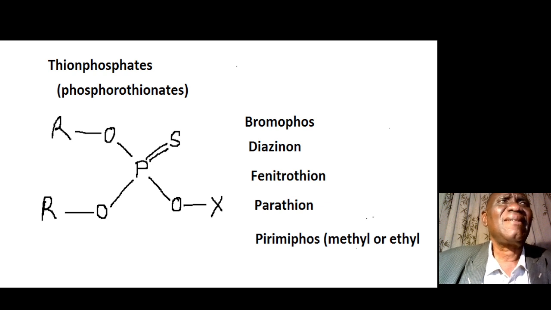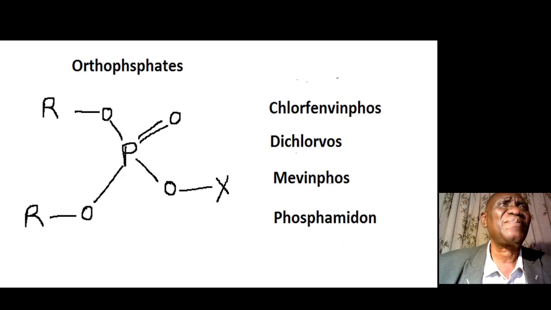Another structure for these organophosphates, we have got the thione phosphates or the phosphothionates. This is the basic structure. If you look at the previous one, it was surrounded by oxygen atoms, the orthophosphates.